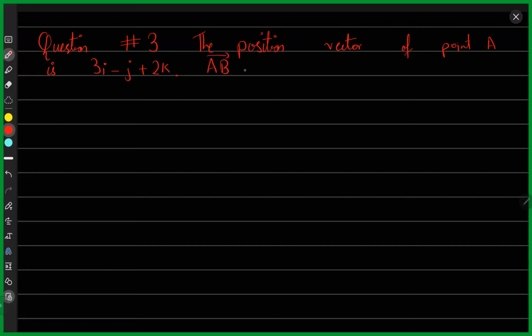AB is equal to 2i plus 5j minus 3k. Find the position vector of B. Okay. Now, what exactly is the position vector?